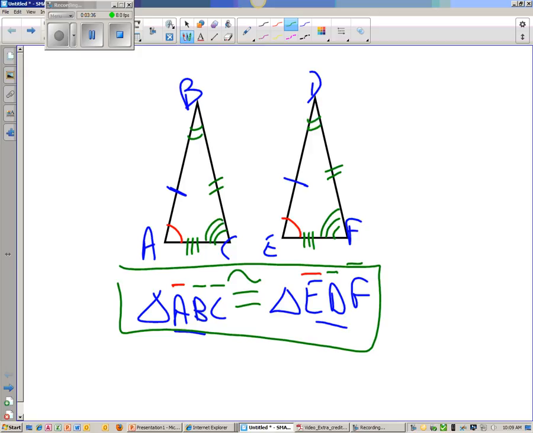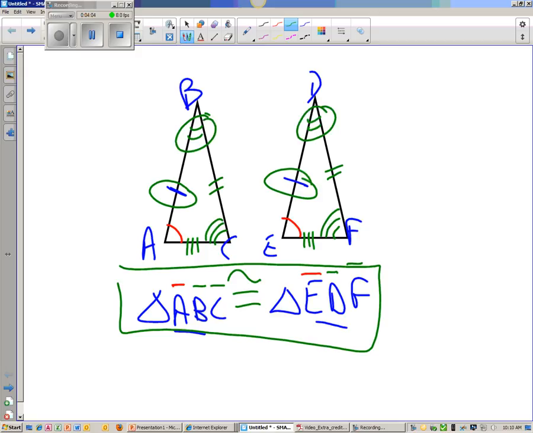Looking at these 2 triangles, let's say I'm going to use method SAS, and this is just as an example. That means I'm going to pick a side here that's congruent to another side over here, and then I need to pick an angle that corresponds with the other triangle in the same location. So let's say I pick angle B, which means I have to pick angle D over here.